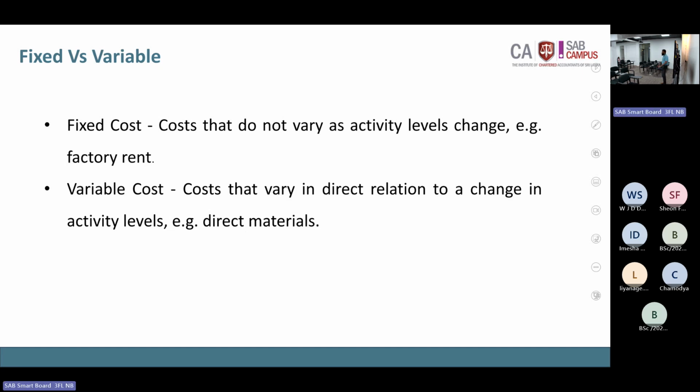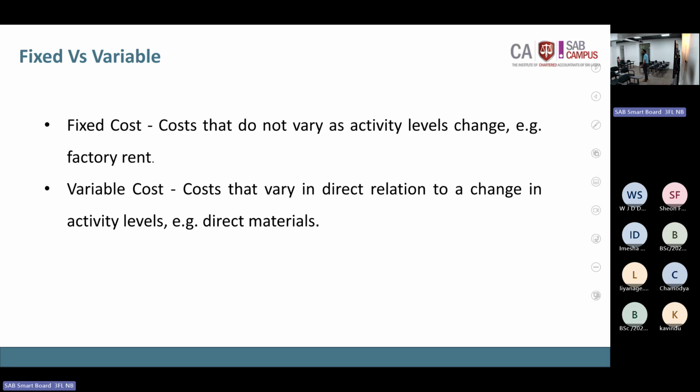Actually, there are more cost classifications besides fixed and variable. If we take fixed cost and variable cost, there are also semi-fixed cost and semi-variable cost, right? So there are different types of cost classifications apart from these two under this type of classification. But in this calculation, we can't take those semi-fixed or semi-variable costs.